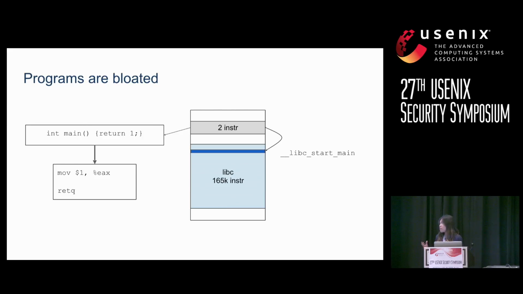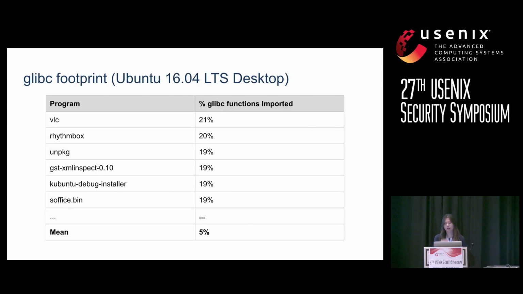To provide a big picture of how serious and pervasive this code bloating problem is, we conducted an extensive study of how shared libraries, particularly, are being used by over 2,000 programs that we found on a full installation of Ubuntu 16 desktop version. So let's take a look at the most popular shared library, Libc.